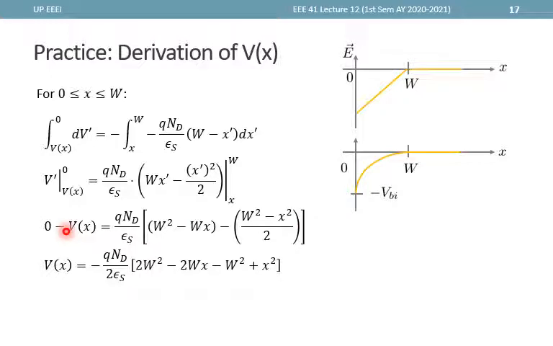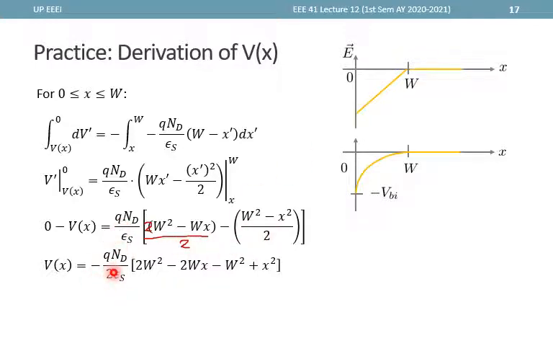So we move the negative sign here, copy the constant, we get a W squared here. Sorry, we actually added a factor 2 over 2 here to be able to factor out this 2 outside.